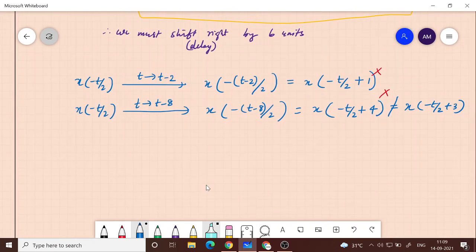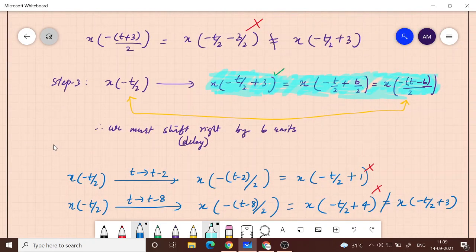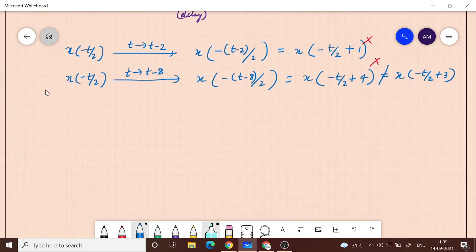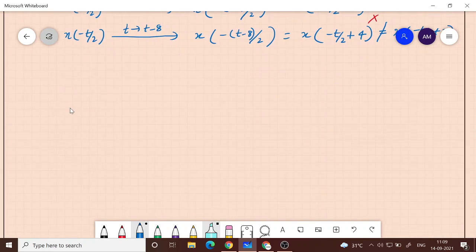Sir, is shifting towards left taken as negative or right? So there are two ways you can write. Okay, these are common questions, so I am not surprised that you ask such questions, because there is a lot of confusion in that expression. So for the shifting operation, t is going to t minus tau.